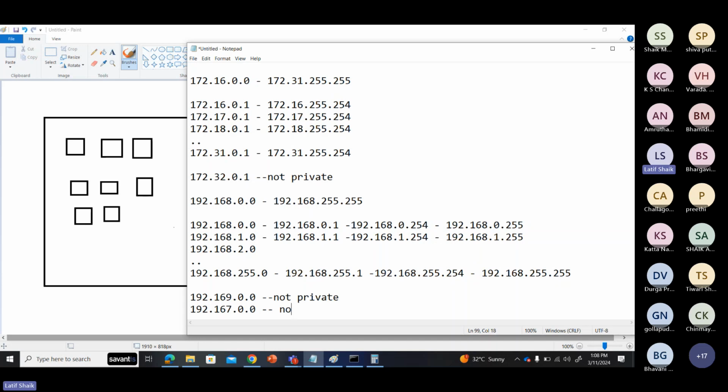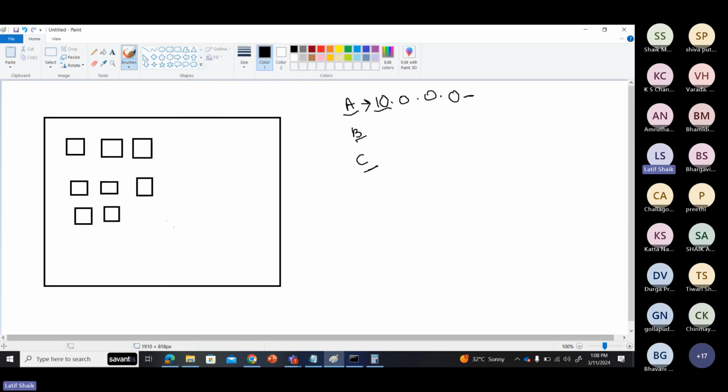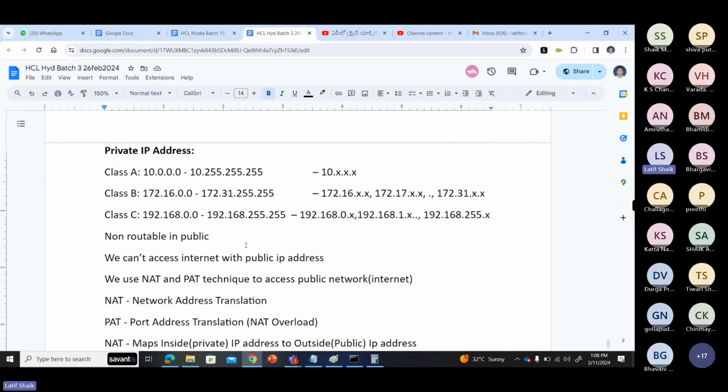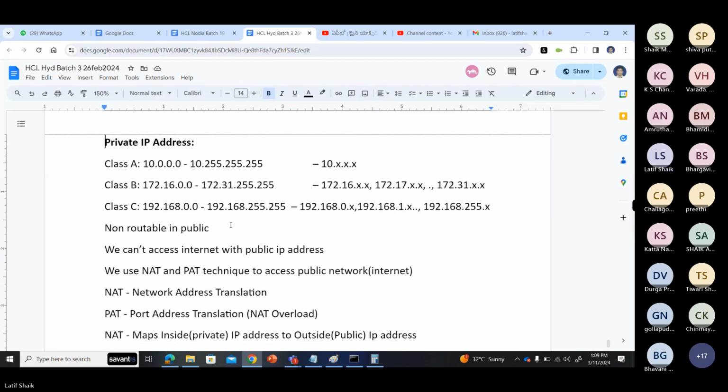This is also not private. So above and below is not private, it is public. This is private. Okay, guys, understand the ranges of private and public IP addresses.